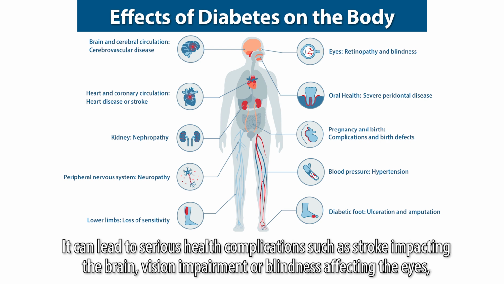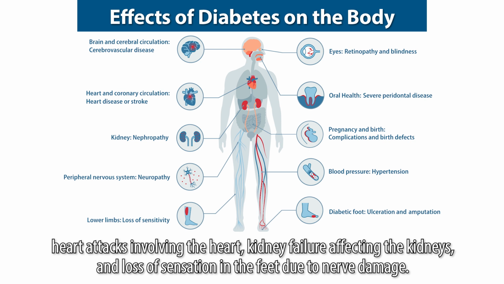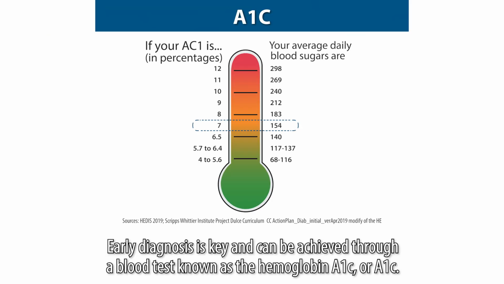It can lead to serious health complications such as stroke, impacting the brain, vision impairment or blindness affecting the eyes, heart attacks involving the heart, kidney failure affecting the kidneys, and loss of sensation in the feet due to nerve damage.